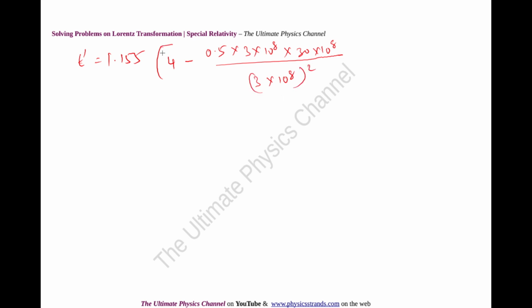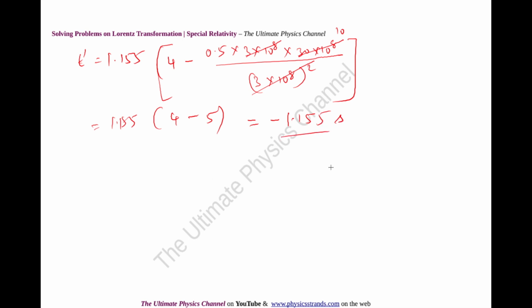Now this whole thing will cancel, because here we have 1 and there also we have 1, so 10 remains. It is basically 5, so 1.155 times 4 minus 0.5 times 10 is 5. So I have minus 1 here. The coordinate we are getting is negative, that is minus 1.155 seconds.